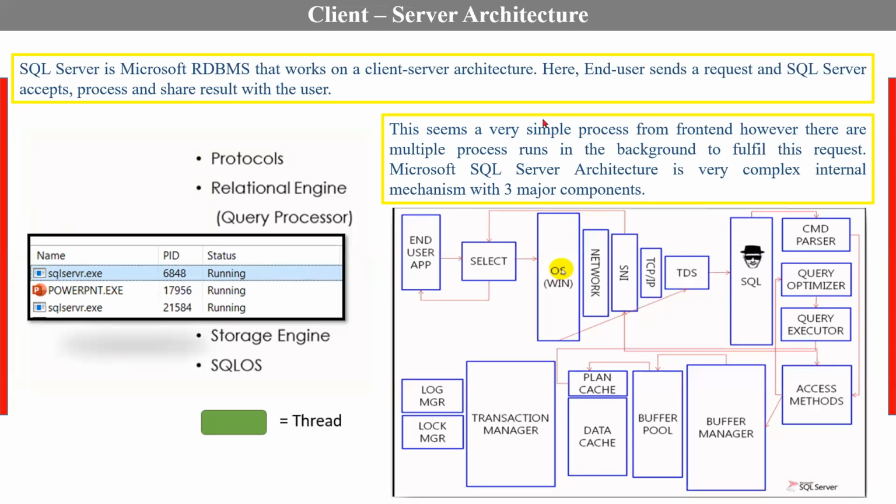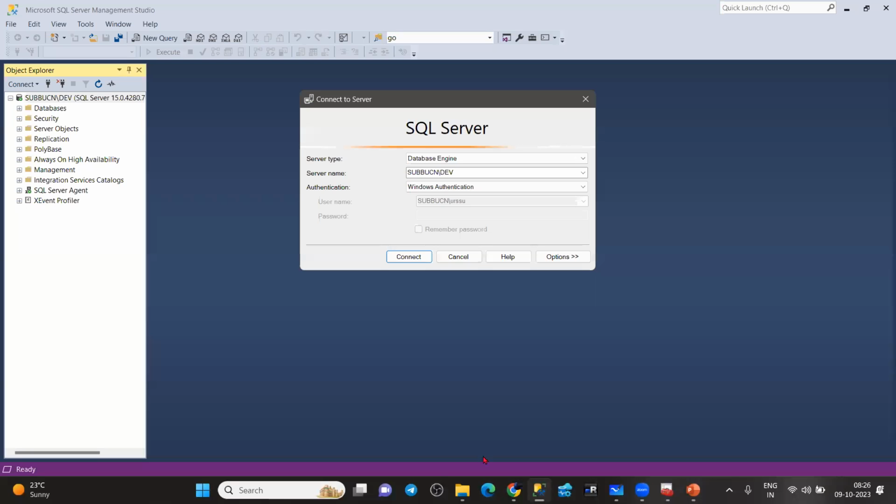Up to this point, everyone clear? Everyone? So from the client to the SQL, there is a server, there are network protocols. So technically you can call it network protocols. With the help of these network protocols, you are connecting to the database engine.